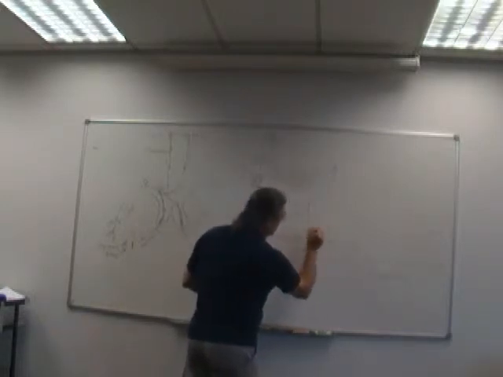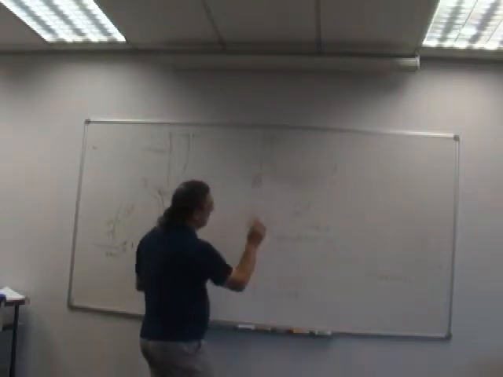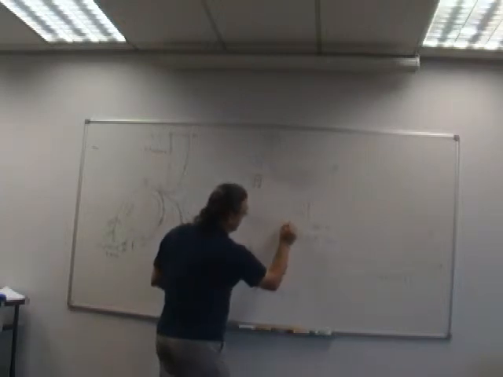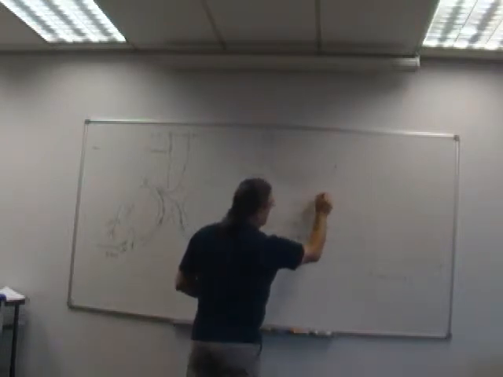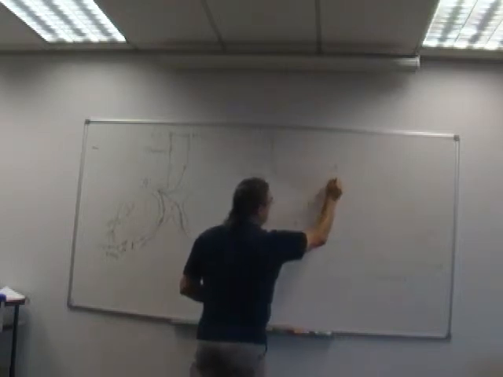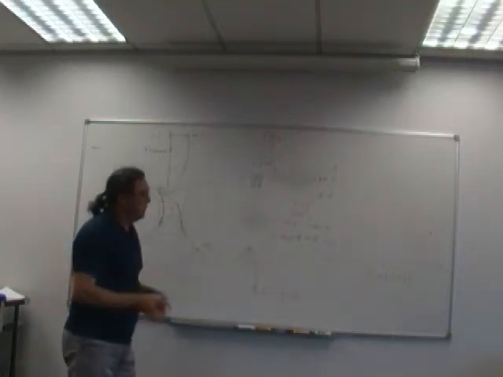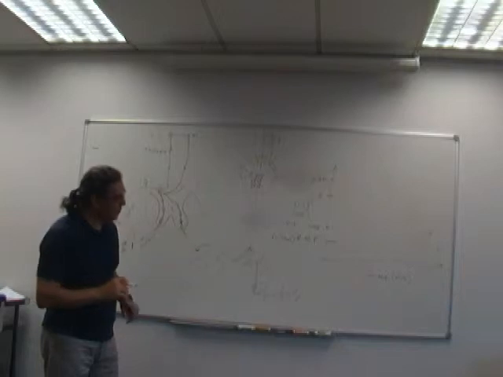And when it reaches a certain threshold, which is about minus 45 in the cell, minus 55 in the axon, but let's talk about this. This is called the threshold potential. And into the zero level, where the depolarization occurs, the action potential goes up to 30 millivolts. So this is the normal situation.